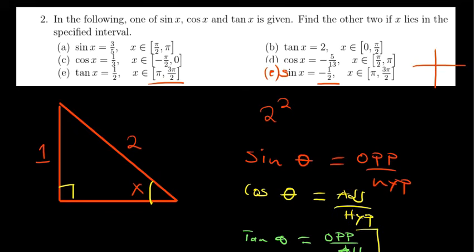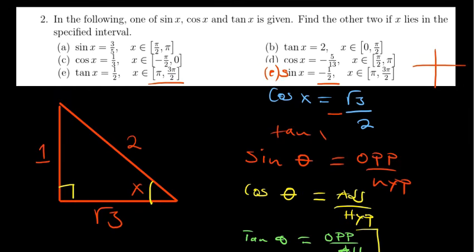So it will be 2 squared minus 1 squared. That's Pythagoras theorem, so 4 minus 1. So root of 3 becomes the adjacent side. With confidence, we can easily find the missing ones. So cosine x, the adjacent is root of 3 over the hypotenuse 2. Now this is going to be negative since we're in the third quadrant, and then tan will obviously be positive.